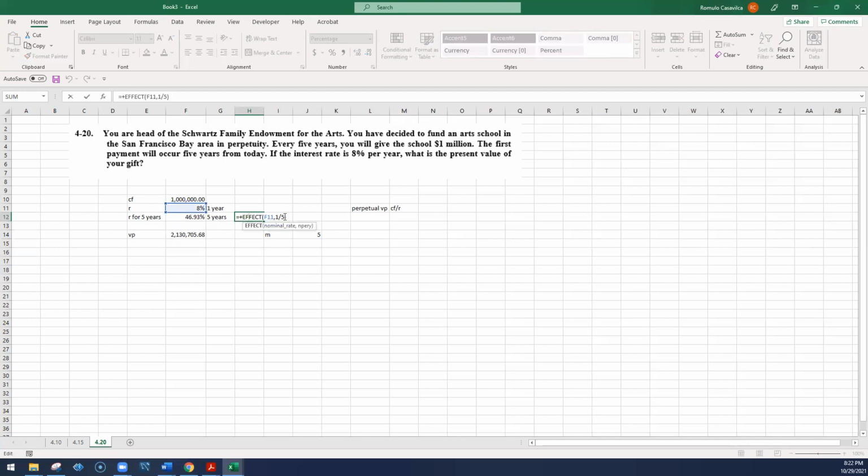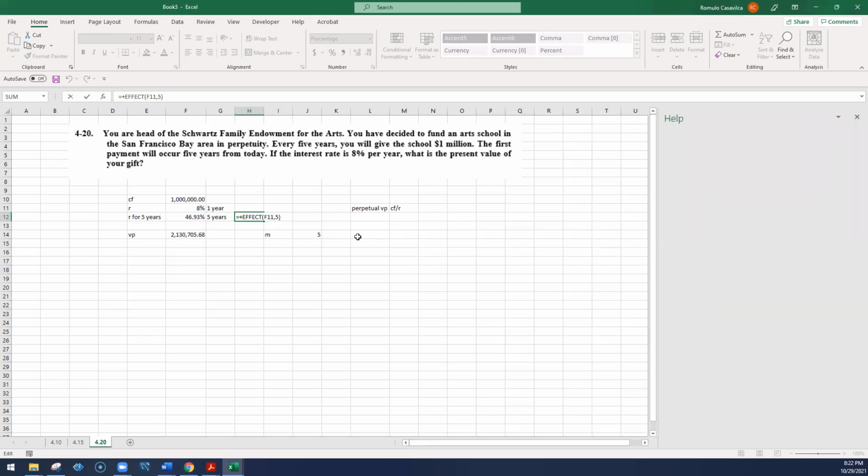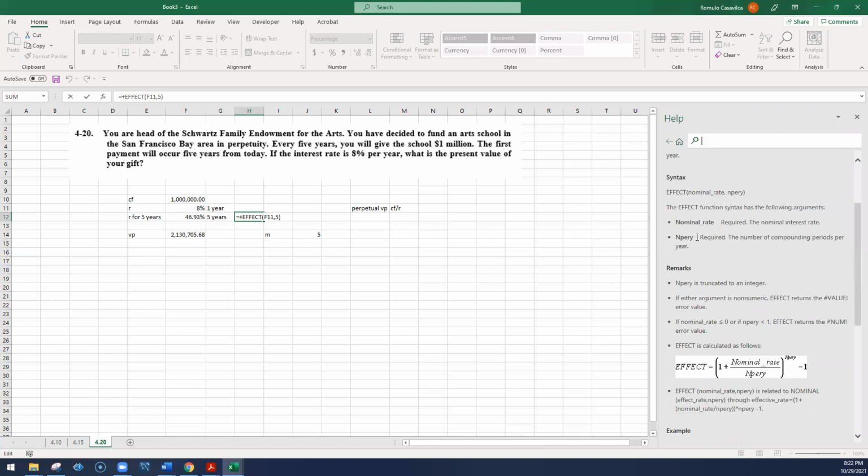They wouldn't allow that. I don't think it will work here. I'm not too sure. Probably just calculate manually. What's the number of periods argument? If you click on the formula, it tells you: nominal rate and number of compounding periods.